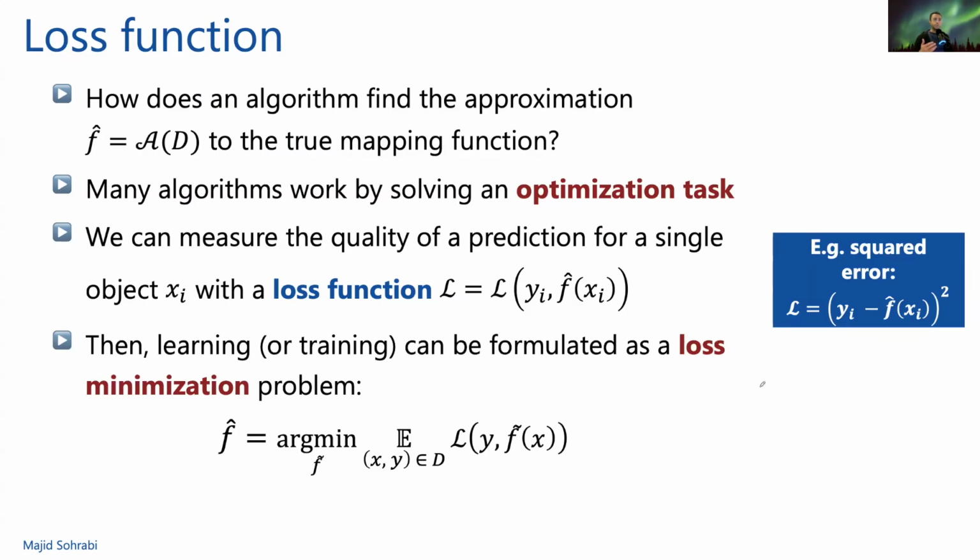But actually, we are not interested in a single value error, but rather the expected or average error. So the approximation of this function comes out of the expected minimization of this loss function.